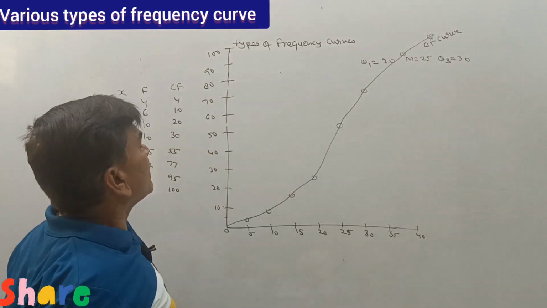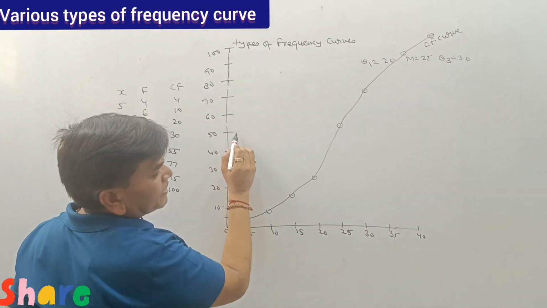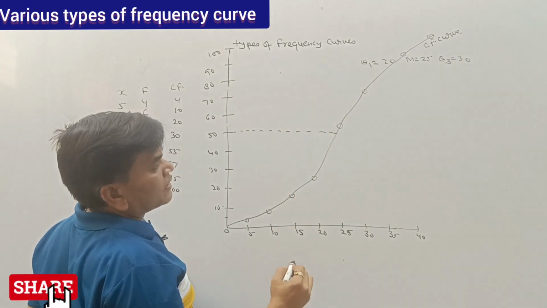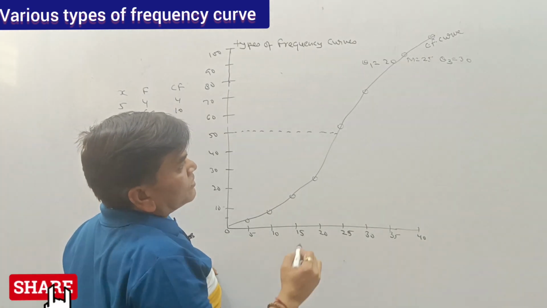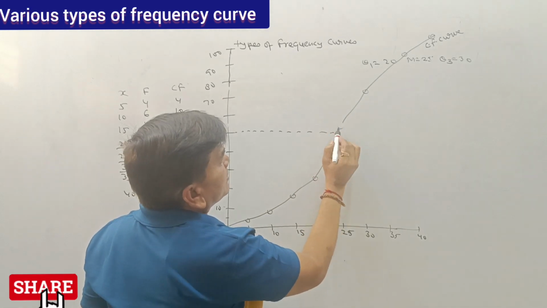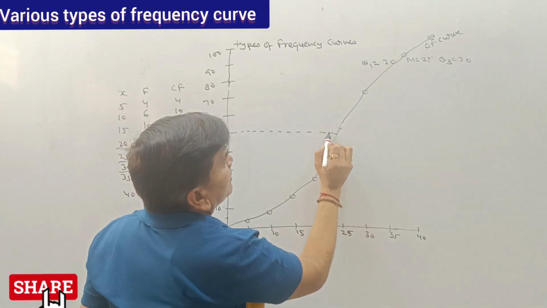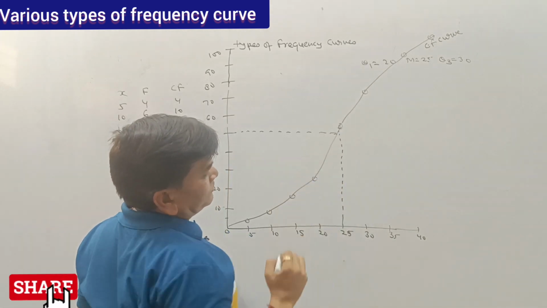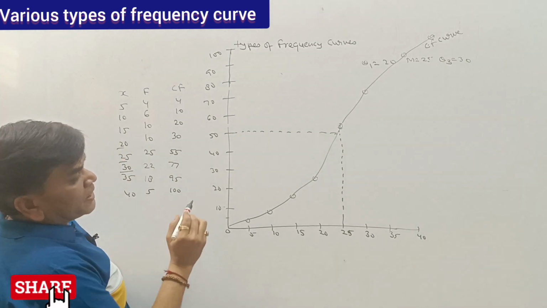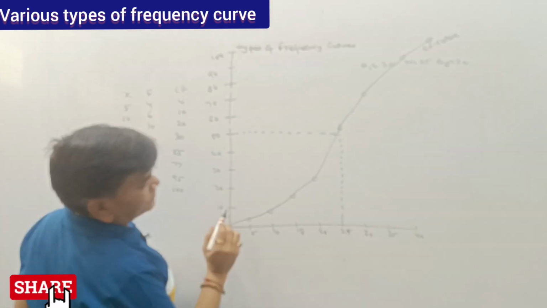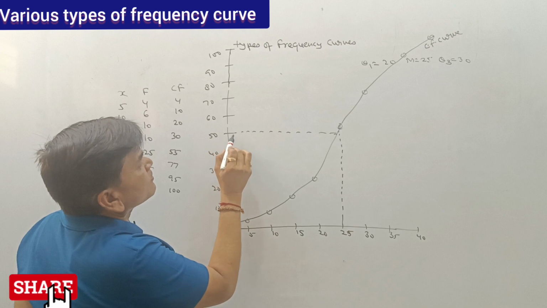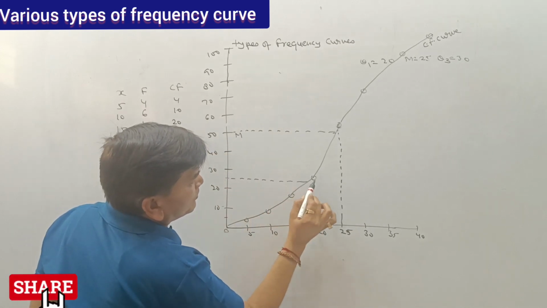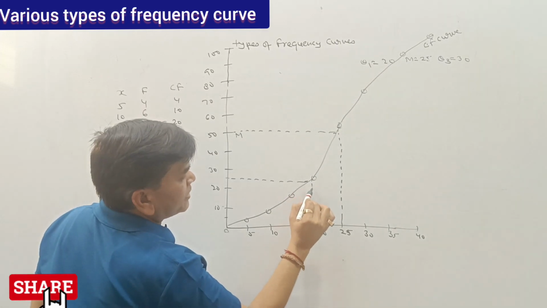For getting the median value, which shows the 50% of the data, we draw a perpendicular at 50%. So the value of median may be 25. If we want 25% of the data, that is Q1, if we calculate Q1, it is nearby 20.